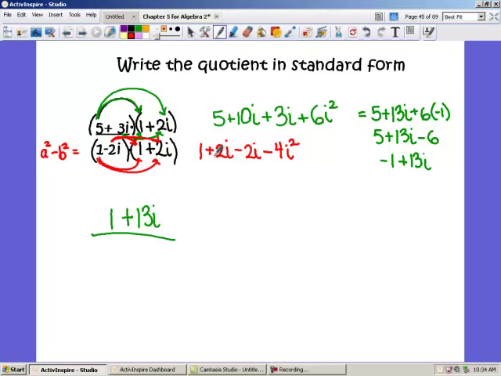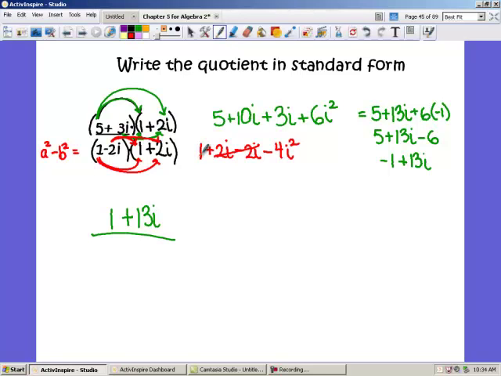So see how plus 2i and negative 2i cancel? That's what I'm talking about. You could have eliminated doing that by just looking at the rule. But we don't always remember every single rule in math, and that's okay. As long as you can remember the FOIL method, you can still get to this part regardless of the shortcuts. All right, now we need to simplify this even more.